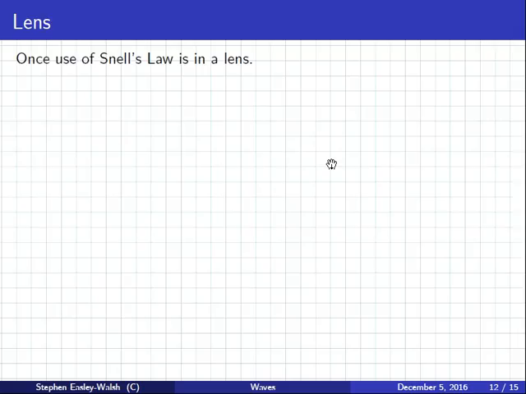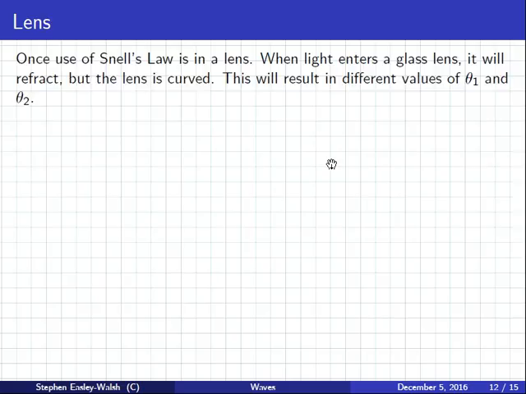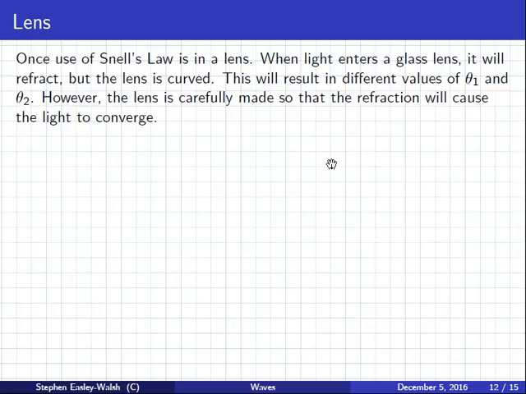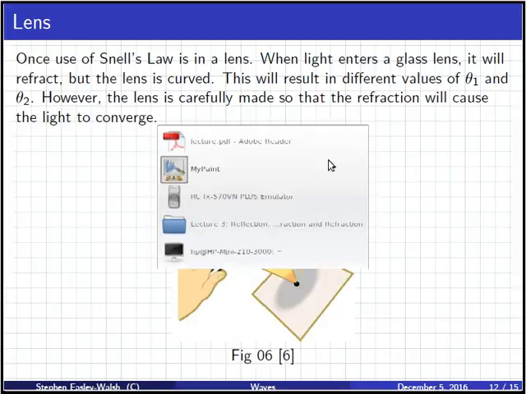Right. One use of Snell's law is actually in making lenses. When light enters a glass, it will refract. But if the lens is curved, the result is different angles. If you can make the lens carefully enough, you can cause the refraction to converge. So I'll explain here with my picture.